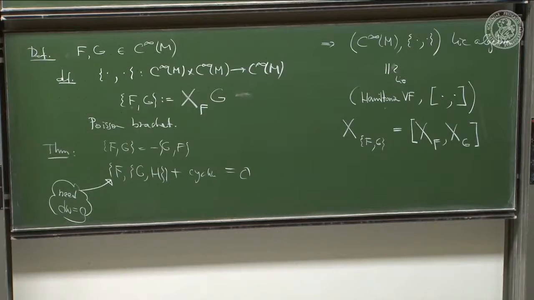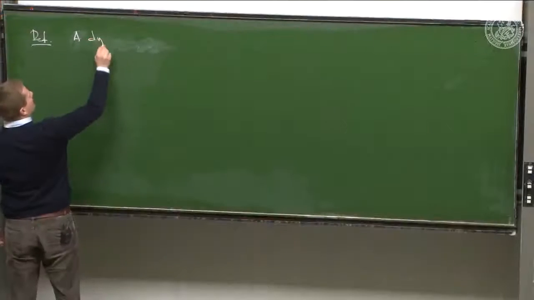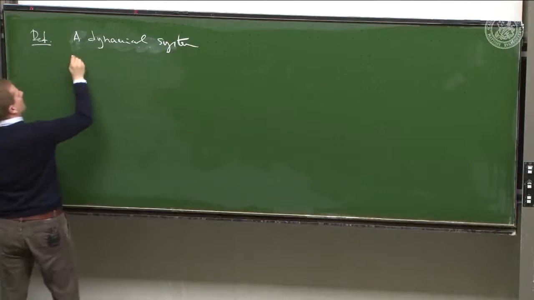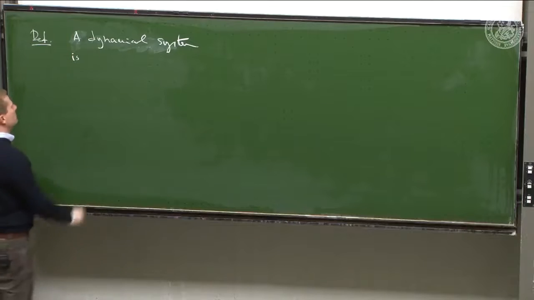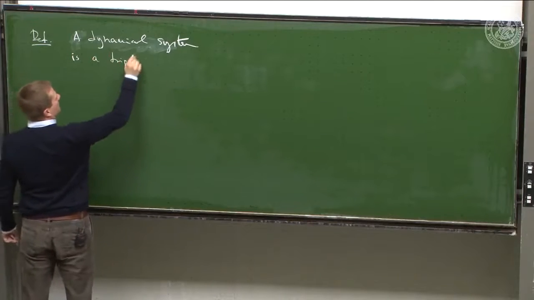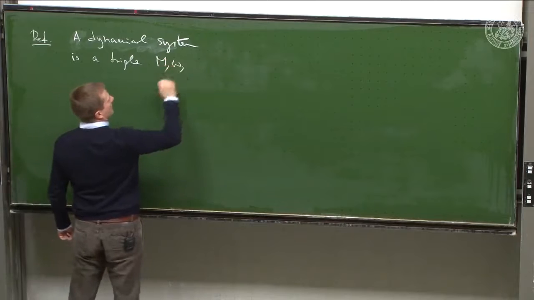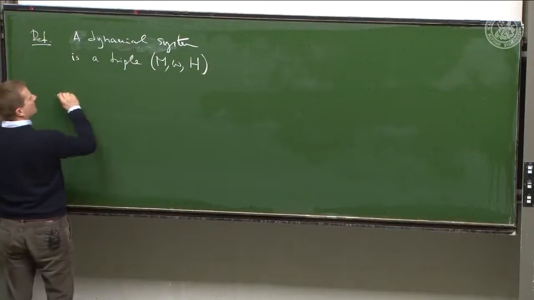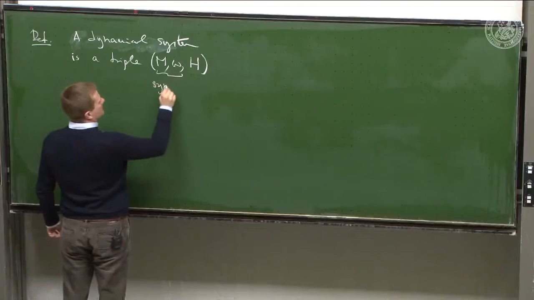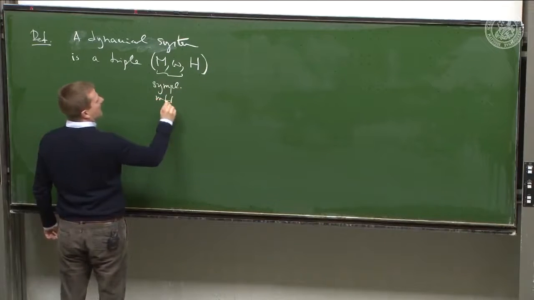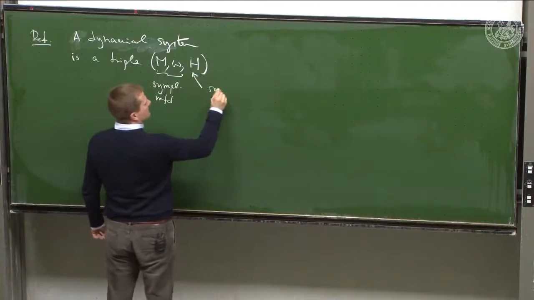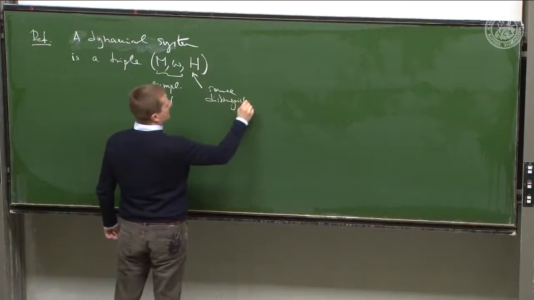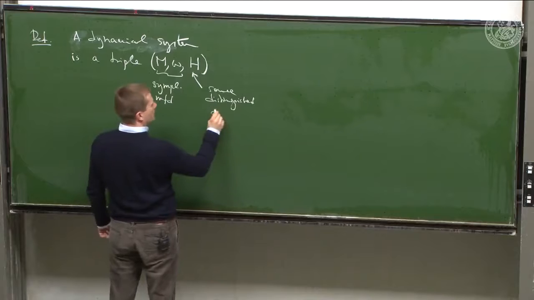And then there's, of course, the important definition of an observable and a conserved quantity. A dynamical system or a classical mechanical system is a triple of an M, an omega, and a distinguished observable H, where M and omega constitute a symplectic manifold, and this H is some distinguished observable, that means you choose it.